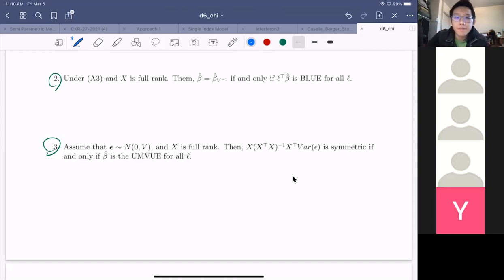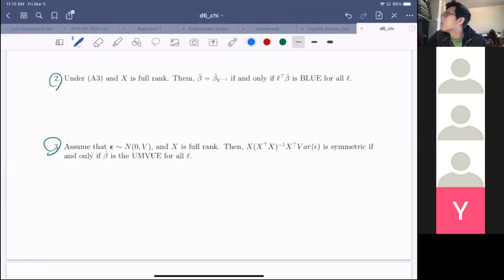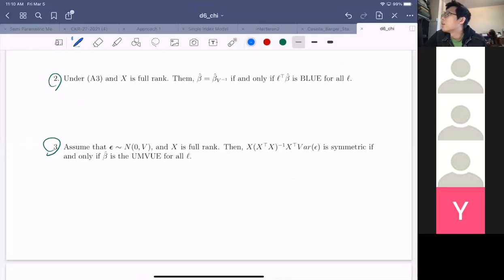Hi, I have a question. So I'm looking at slide 13 of lecture 10. More or less in the middle of the slide, it says that it is BLUE because the variance of this is the identity.